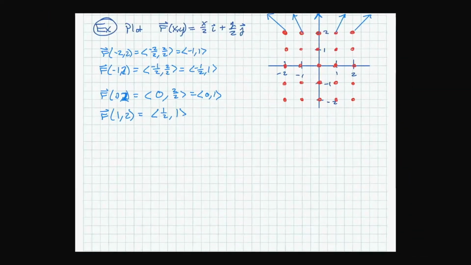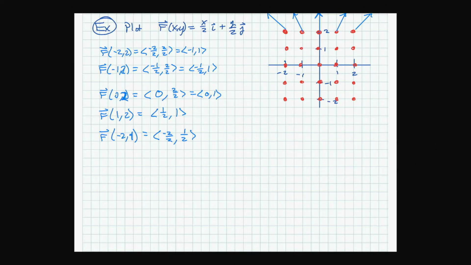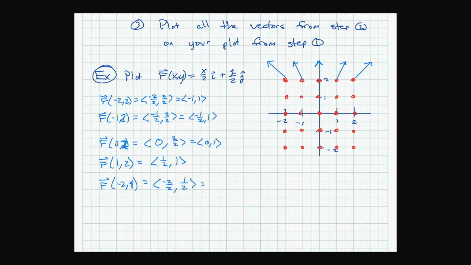So you do one row and then you move down to the next row. F of -2, +1. So that would be -2 over 2, 1 over 2. Or -1, 1/2, right?